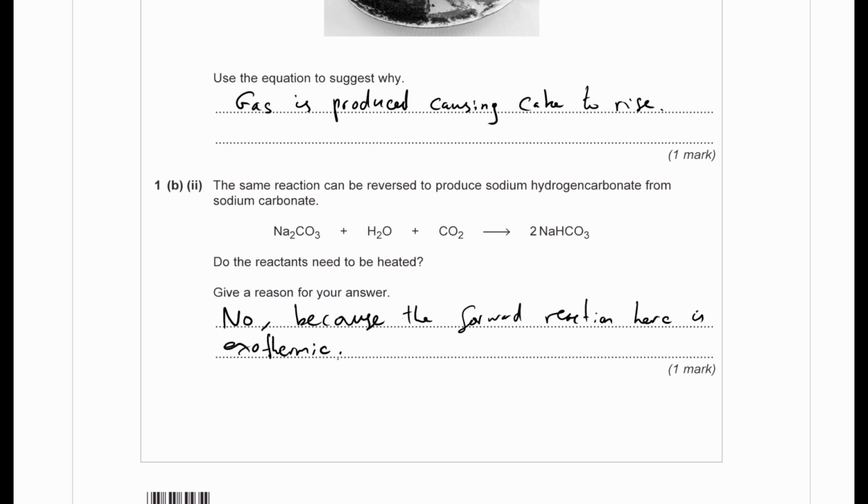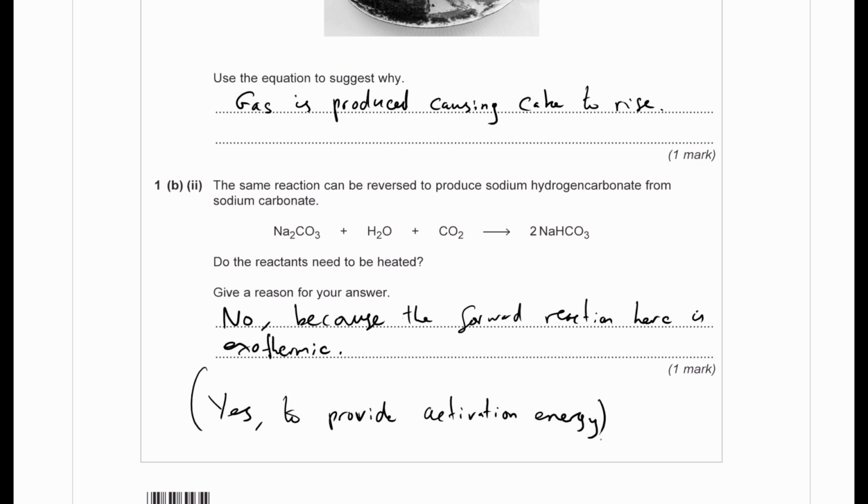Now, the reason I said it's confusing, and the reason that you could have got the mark for saying yes, is because most reactions require heat to provide activation energy, right? So I could have also said, and I'm going to put this in brackets, yes to provide activation energy.